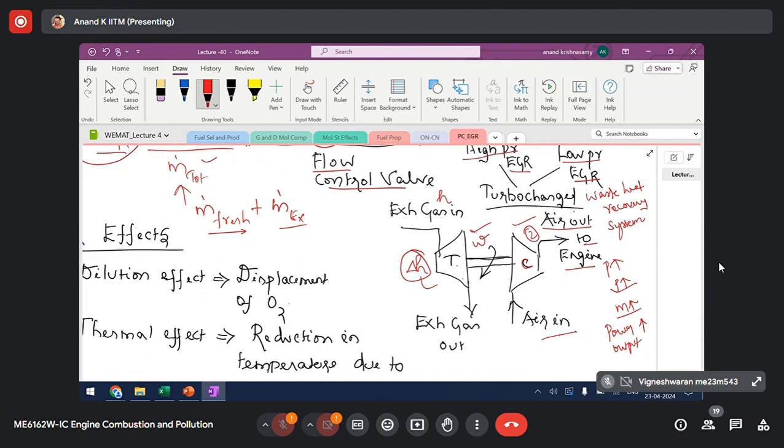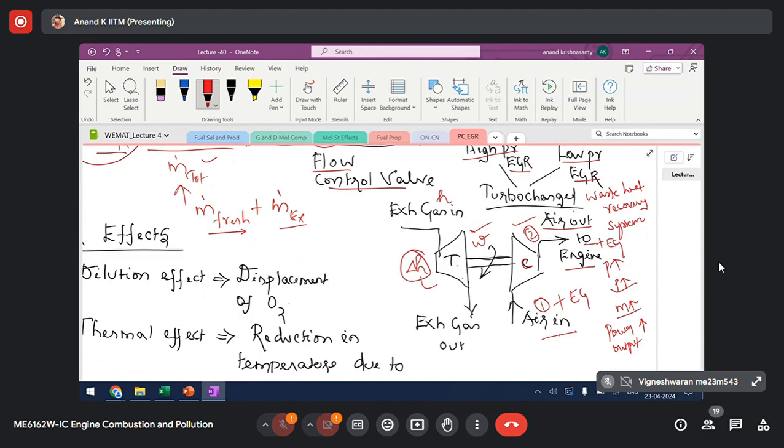Whereas in a low pressure EGR system, you are going to mix exhaust gas with air at the inlet to the compressor. Did you get what I am saying? So in the high pressure system, you are mixing exhaust gas with air at the outlet from the compressor, whereas in a low pressure EGR system, you are mixing exhaust gas with air at the inlet to the compressor.